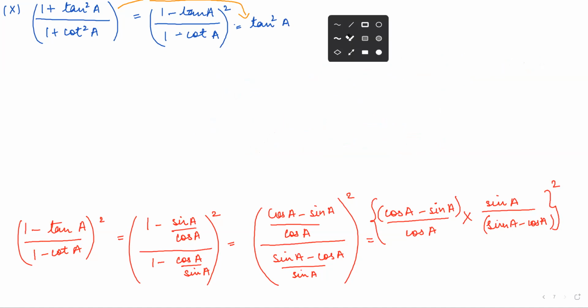Okay. Now you look at this bracket. This is cos a minus sine a, and this one is sine a minus cos a, right? So to make it same, if I take the minus outside from the first bracket, the sine term will become plus and the cos term will become minus.